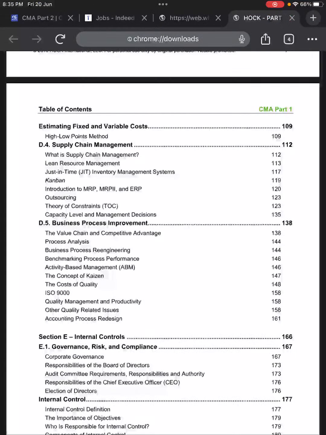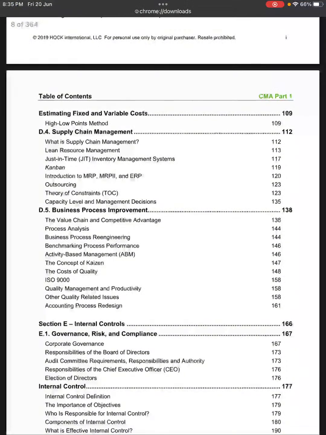These are more theory based chapters. Business process reengineering we already studied in Part 2. CMA Part 2 also included this chapter. If we study it here, it is also helpful for the CMA Part 2 chapter, and JIT is also covered under the CMA Part 2 chapter.